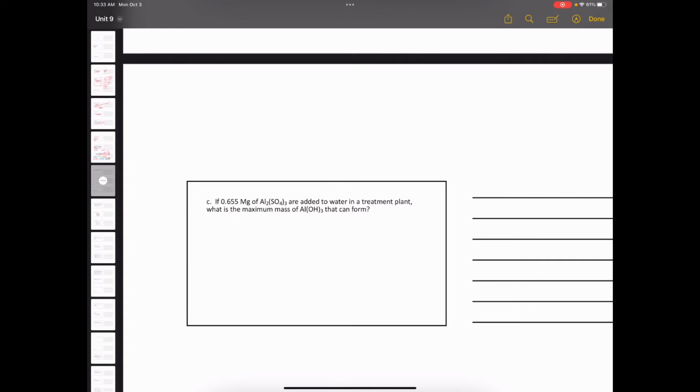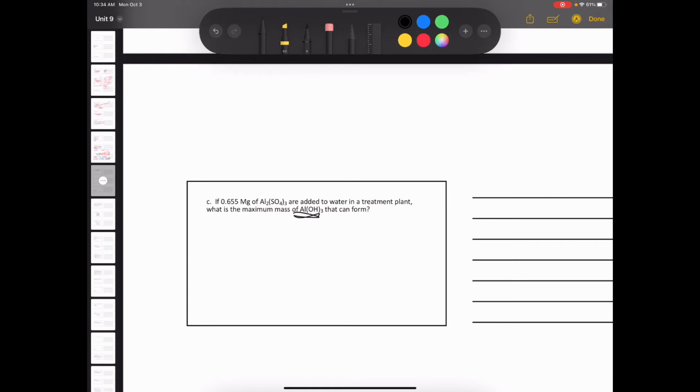So if we are starting with 0.655 megagram of Al2SO4 added to water in that treatment plant, what is the maximum of aluminum hydroxide that is going to be formed? Okay, so I can tell just by looking at this that the relationship is going to be between the aluminum hydroxide and the Al2SO4.